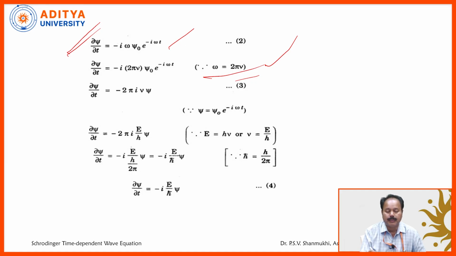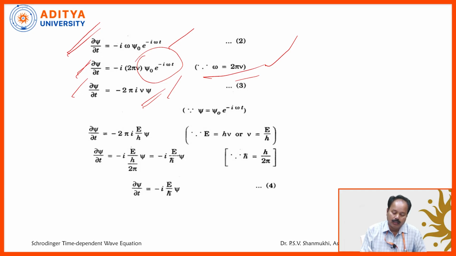That's why dou psi by dou t is equal to minus i 2 pi nu psi naught e power minus i omega t. Since psi naught e power minus i omega t is again psi of xyz t, dou psi by dou t is given by minus 2 pi i nu into psi.